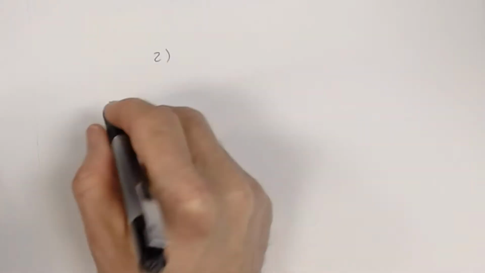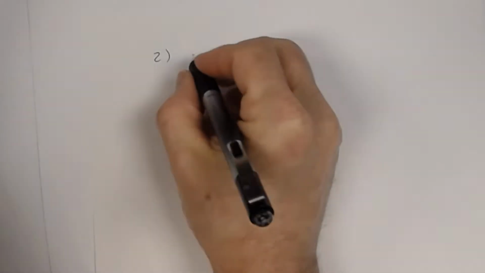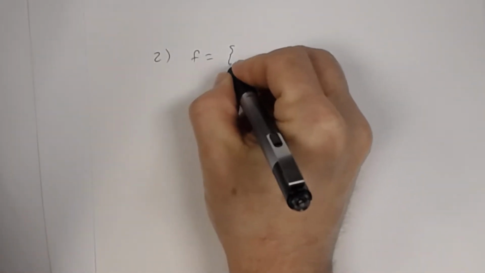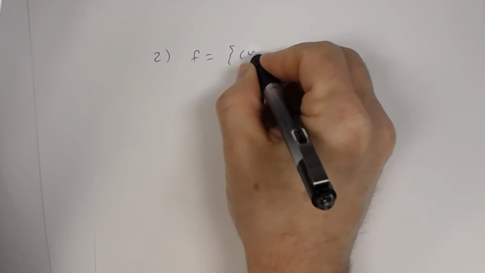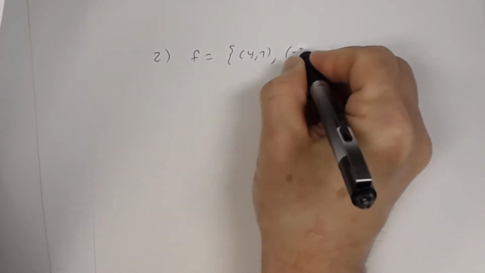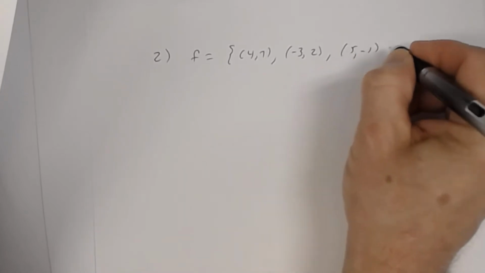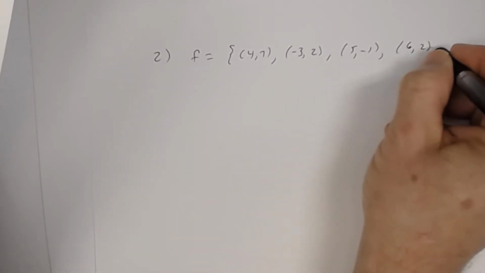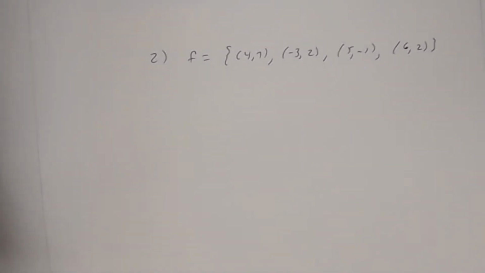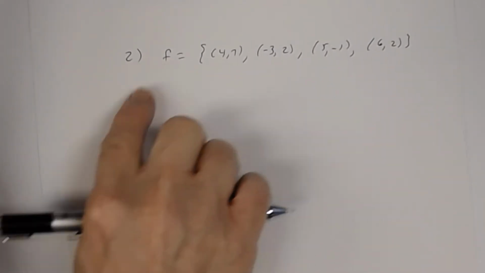We had f is equal to, and then a set of ordered pairs: (4, 7), (negative 3, 2), (5, negative 1), (6, 2). So we have this finite set, and this is my function f.